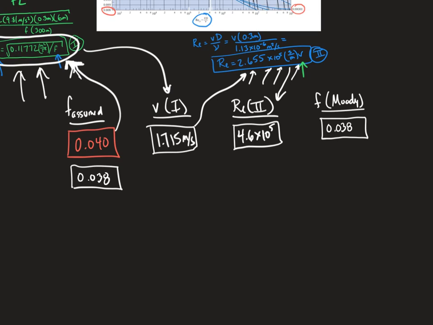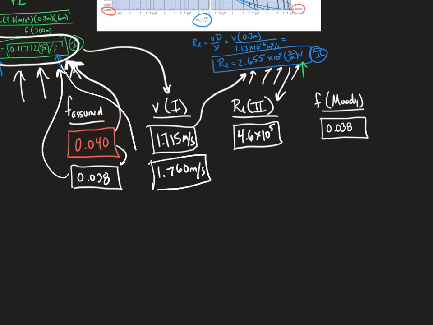What we're basically doing at this point is, these numbers are pretty close to each other, so probably there's not really going to be much of a change. So I'm going to plug that one into this equation, and we end up with a velocity of 1.760 meters per second.